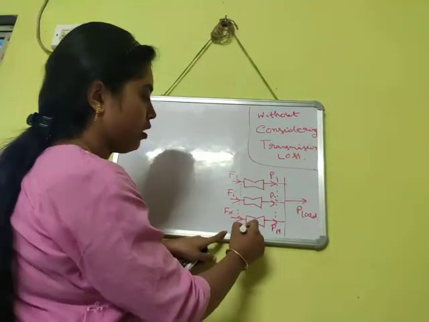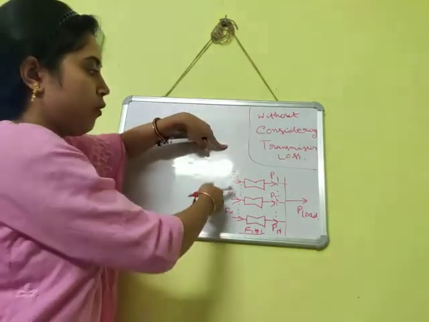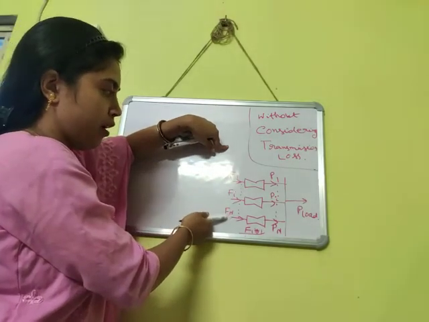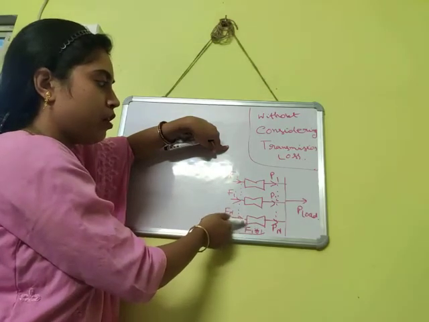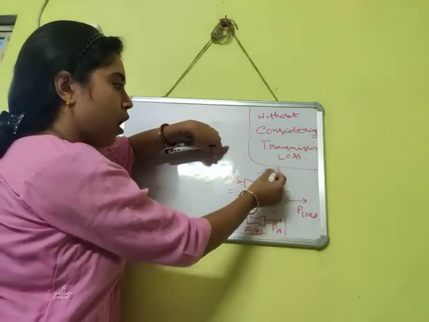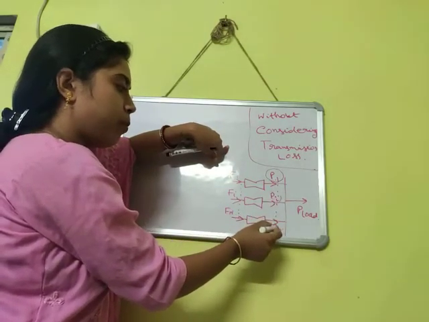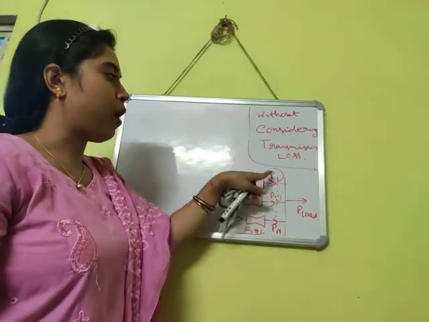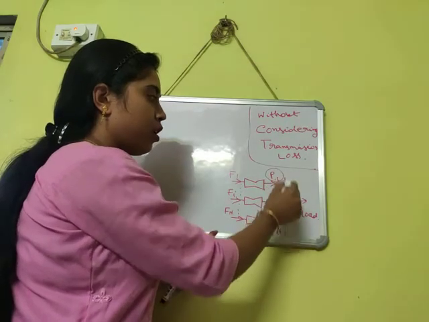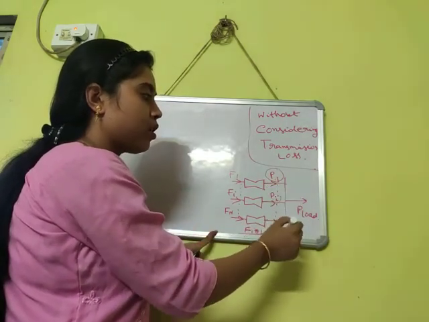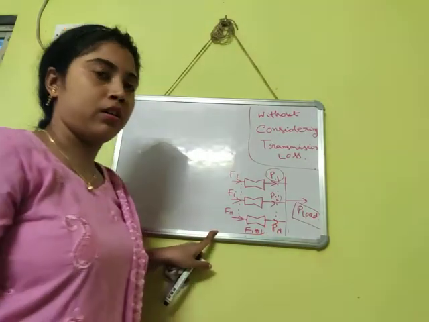From that figure we can say that F1, F2, up to Fn is the input to that thermal generating unit, and P1, Pi, up to Pn is the output power for nth number of generating units, which are connected to a single bus to fulfill our load demand.